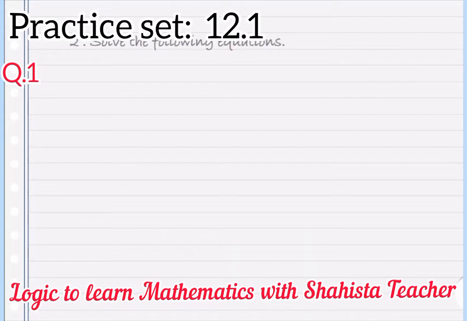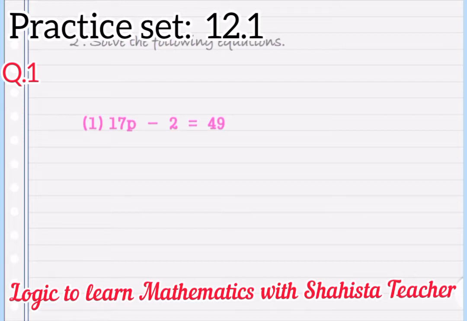Now let's solve question number 2. Solve the following equation. The first question says that 17p minus 2 is equal to 49. Here p is the single variable, and 49 and minus 2 are the constant terms. 17 is the coefficient. We have to find the value of p here.